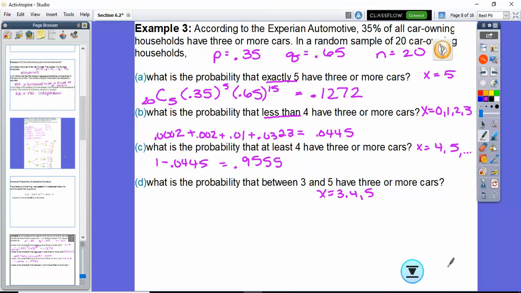So this one between 3 and 5, so go ahead and add those together and see what you get for me. Okay, so if we add our 3, 4, and 5, and what do we get? 0.2333.